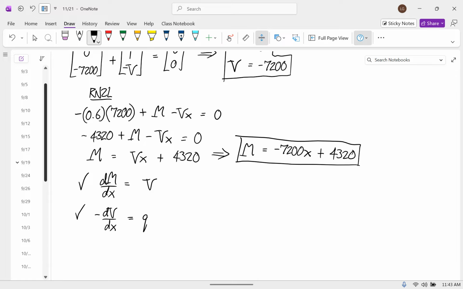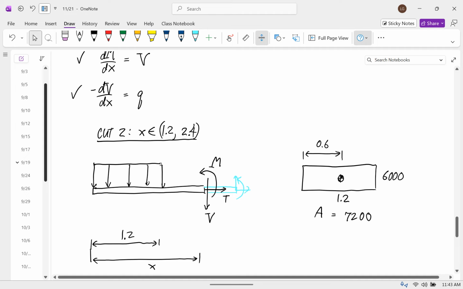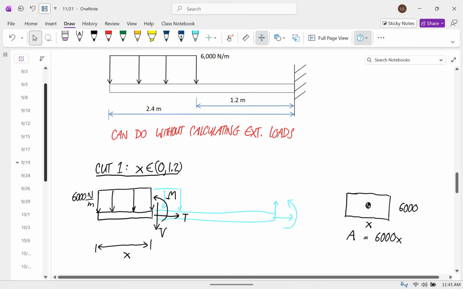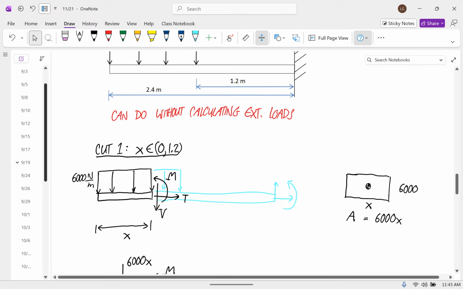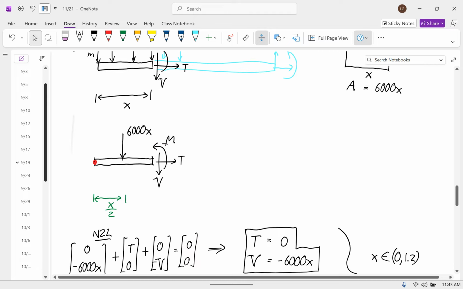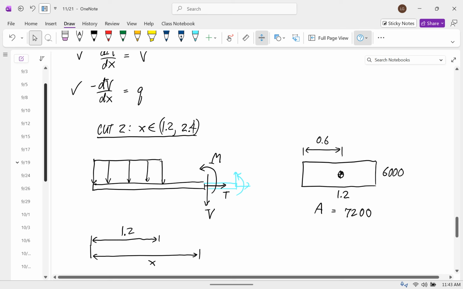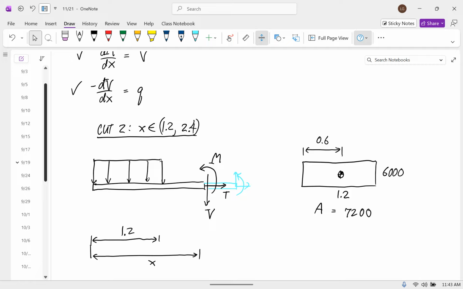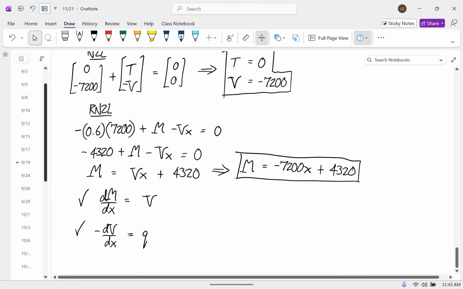So what's Q again? Q is the function that describes the height of the distributed load at x. Since these are just uniform distributed loads, if your x is inside a distributed load, it's just the height of that distributed load. That's why Q was 6,000 here. But on this one, our x is past the distributed load. So for our x, the height is 0. And so V just has to be a constant there for it to work.